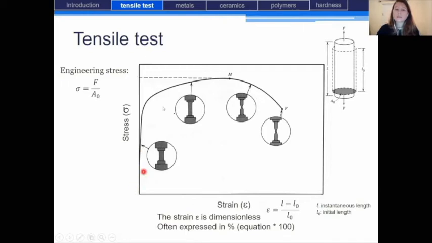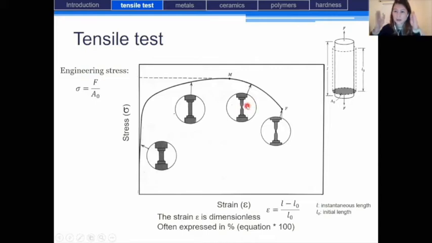And so along the test, we will observe a change of the dimension, of course, of the specimen, so it will elongate, but also we will observe a change of the shape. So as you can see, as it is represented in that case, you have a cylinder that begins to transform into something that has a necking.